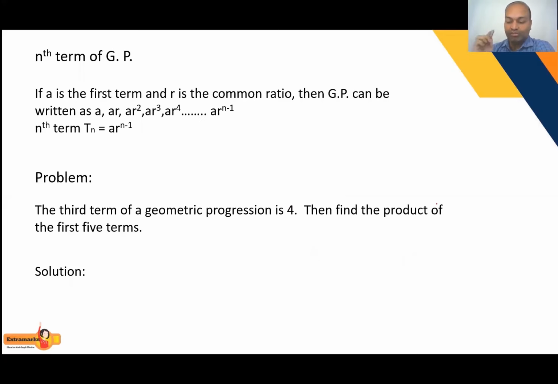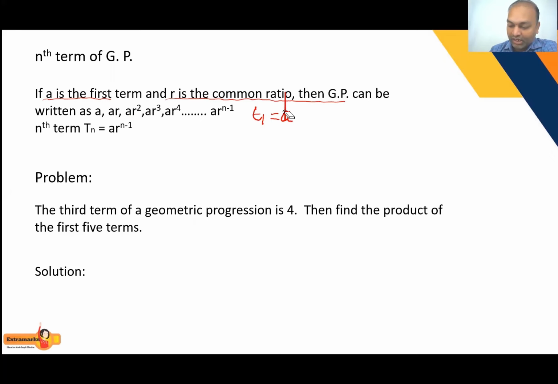Nth term of a GP. Here I am taking a as the first term and r as the common ratio of the GP. Then what we wrote: first term a, second term ar, third term ar square and fourth term ar cube. Now just observe one simple point. The first term is denoted with T1. The first term is a.